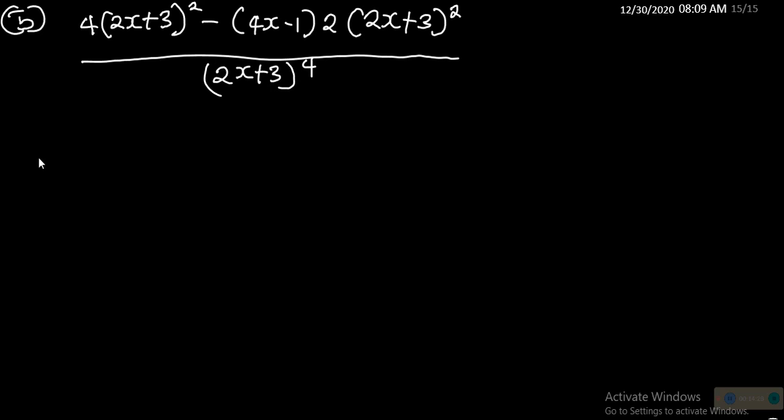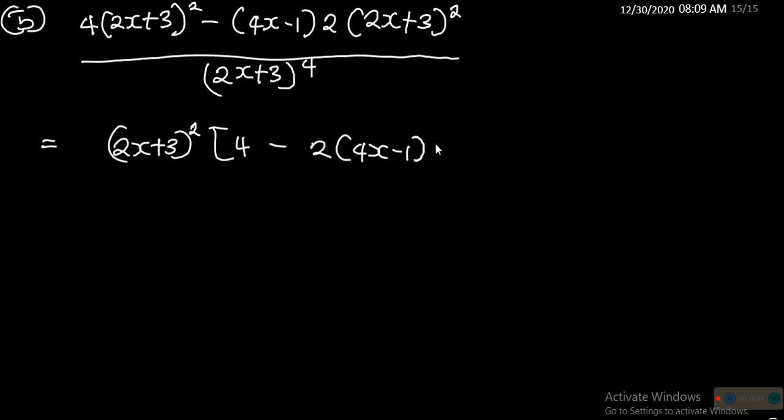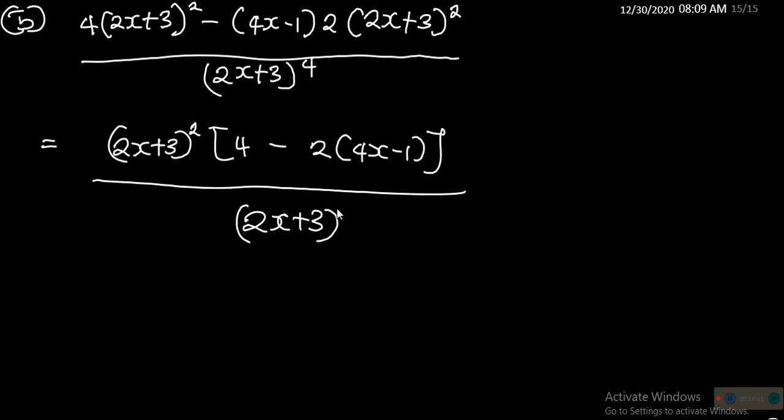So we can factorize the numerator. If we factorize the numerator, we have 2x plus 3 all squared. Then the first term is left with 4, the second term will be left with 2 into 4x minus 1, all over 2x plus 3 all raised to power 4. So 2 here, 1, 2 here, 4.